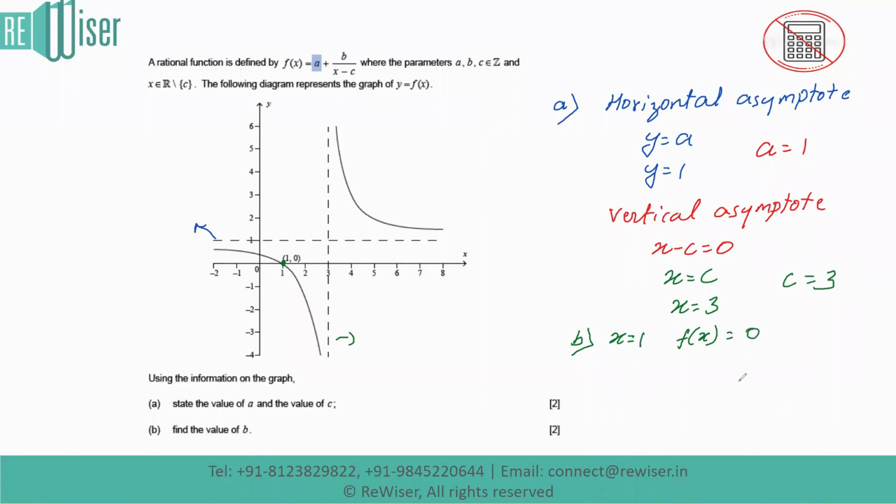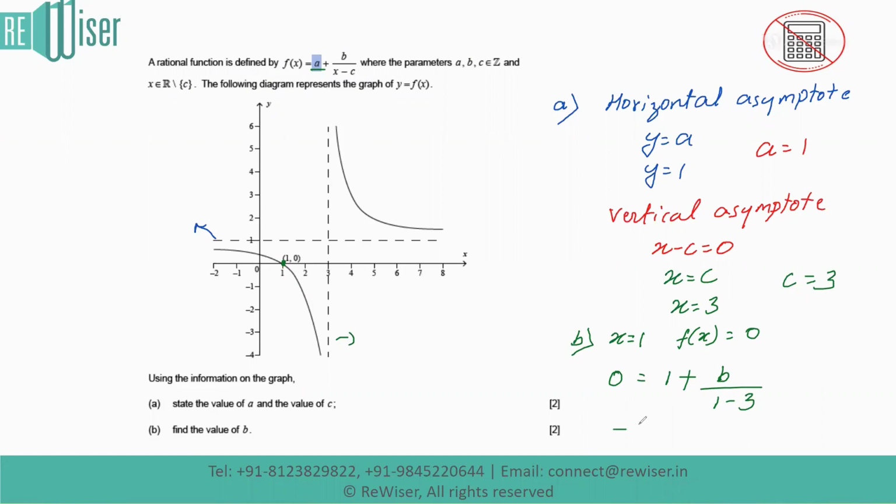So if I substitute all this information, 0 equals a, which is 1, plus b, which is unknown and which we need to find out, divided by x, which is 1, minus 3. We can get the value of b from here.